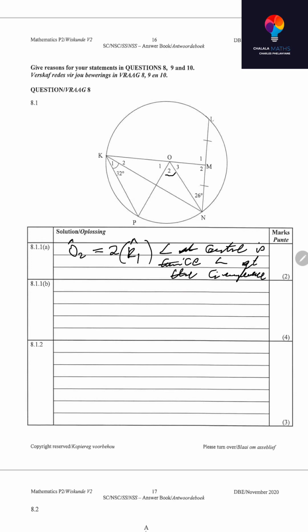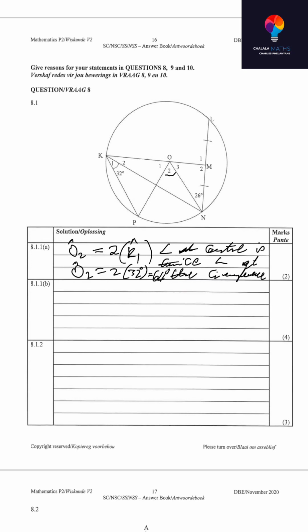Therefore our answer is going to be 2 times 32 degrees, which will happen to be 64 degrees. So that will be our answer for A.